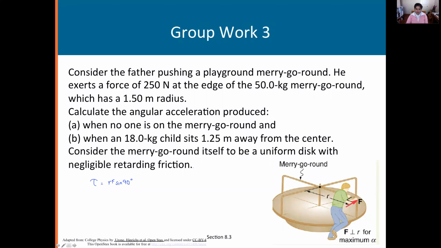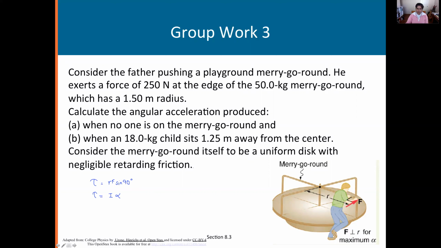So we can get this number, and we also know that tau equals I alpha. This was our definition for angular acceleration. So we need to find alpha, which means we need to divide this quantity by I. So we need the moment of inertia, and we're going to treat this like a solid disk.